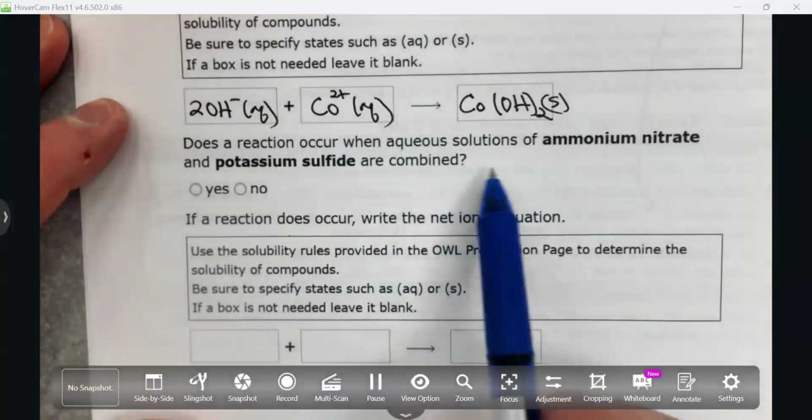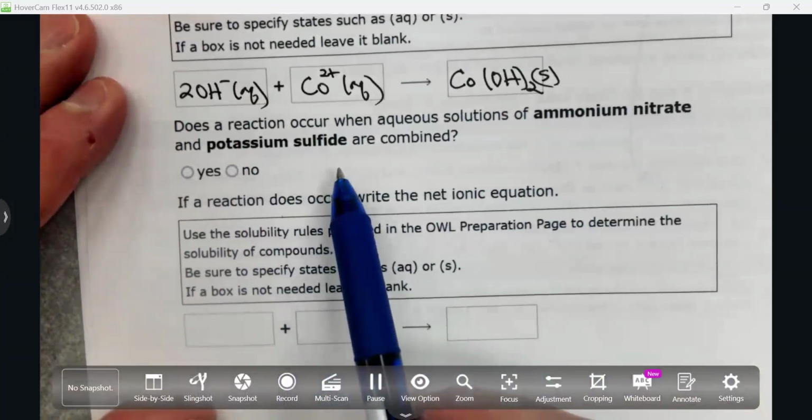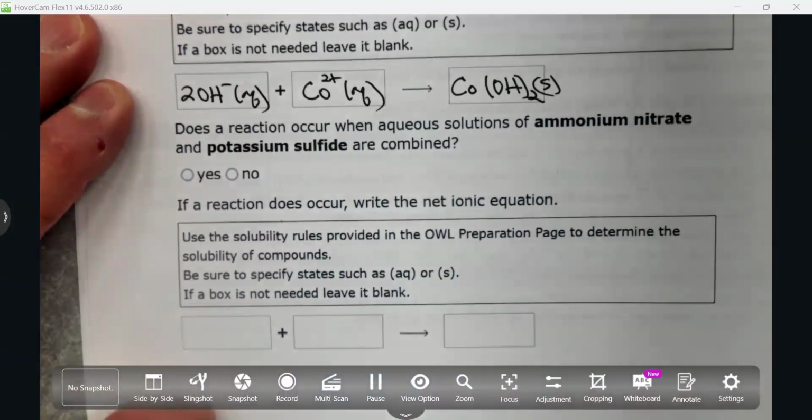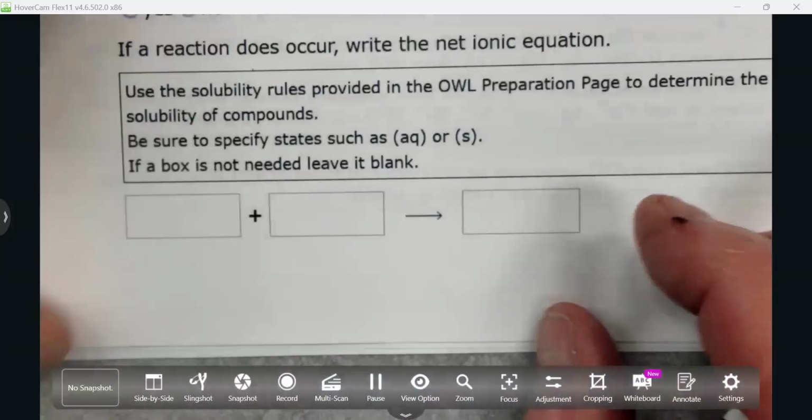Does a reaction occur when aqueous solutions of ammonium nitrate and potassium sulfide are combined? We can write it out down here.